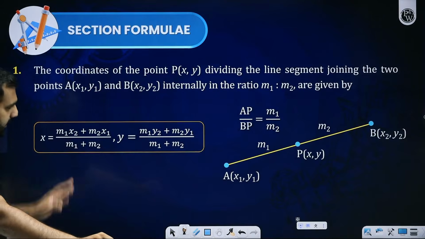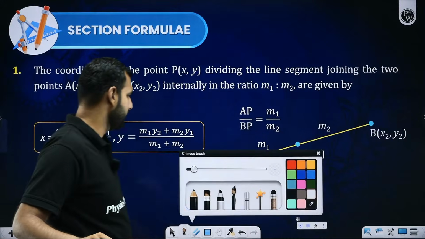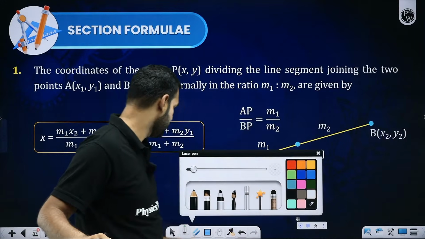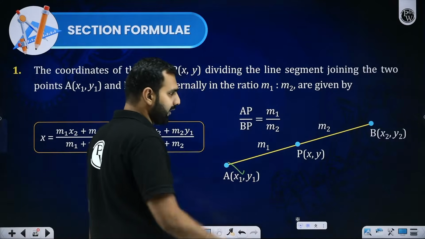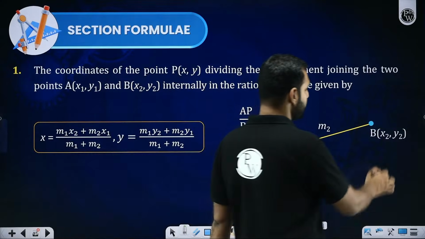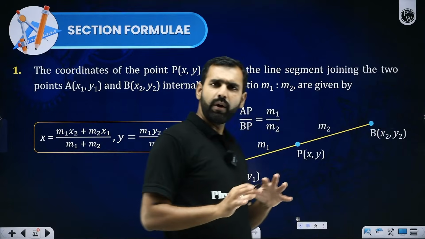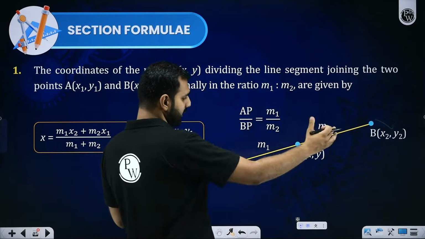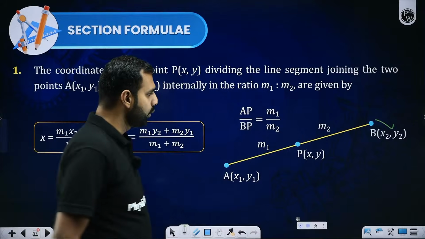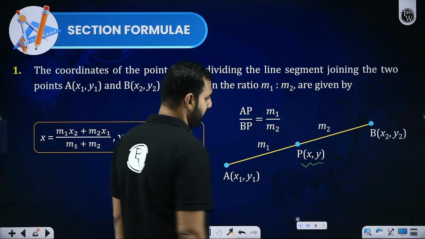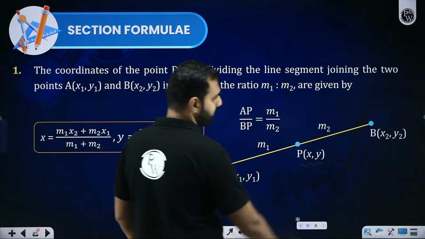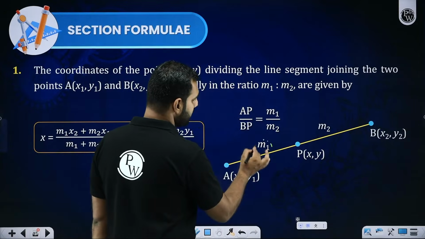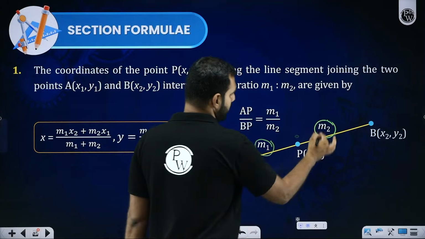No confusion with this. Section formula is really important, something crucial. How do we use it? Let's say there is a point (x1, y1), there is a point (x2, y2), and there is a point in between on the line segment joining AB, which is given by (x, y). And I know the distance AP to distance PB is m1 is to m2.